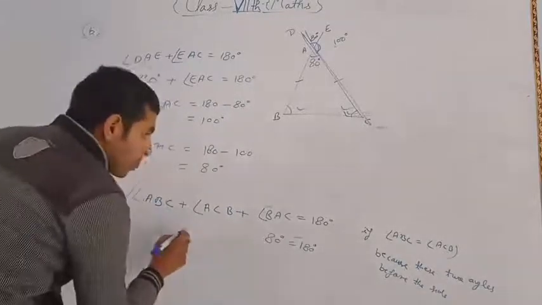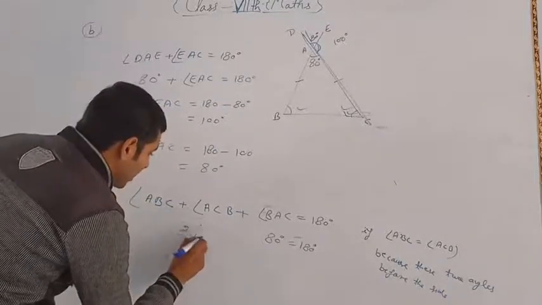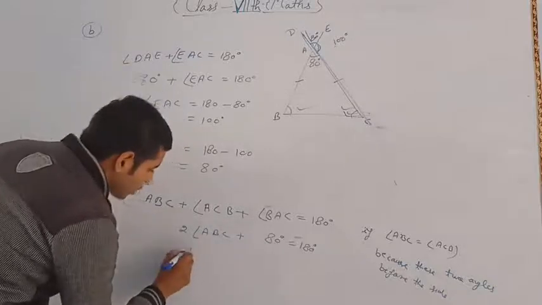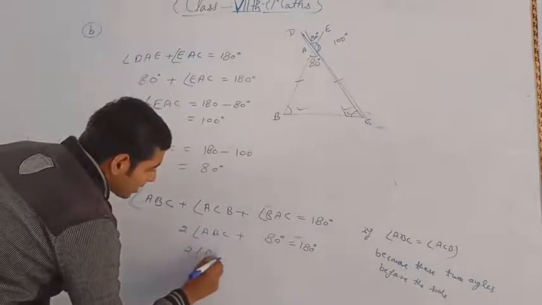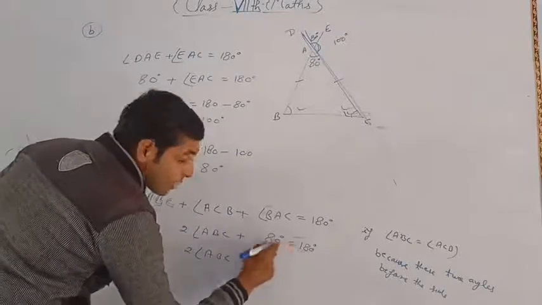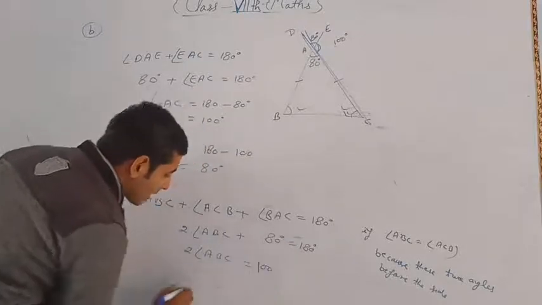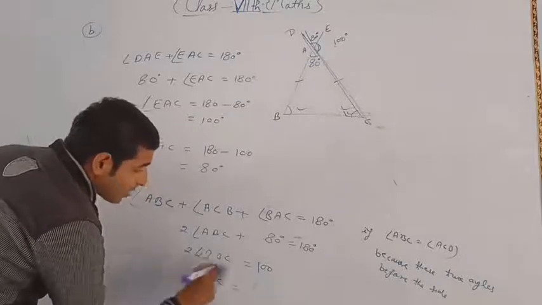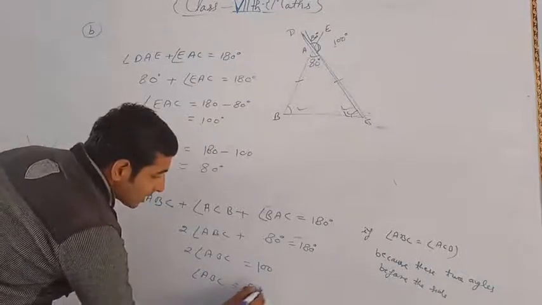So it became 2 angle ABC plus 80 is equal to 180 degrees. So 2 angle ABC is equal to 180 minus 80, which is 100 degrees. So angle ABC is equal to 100 by 2, which is 50 degrees.